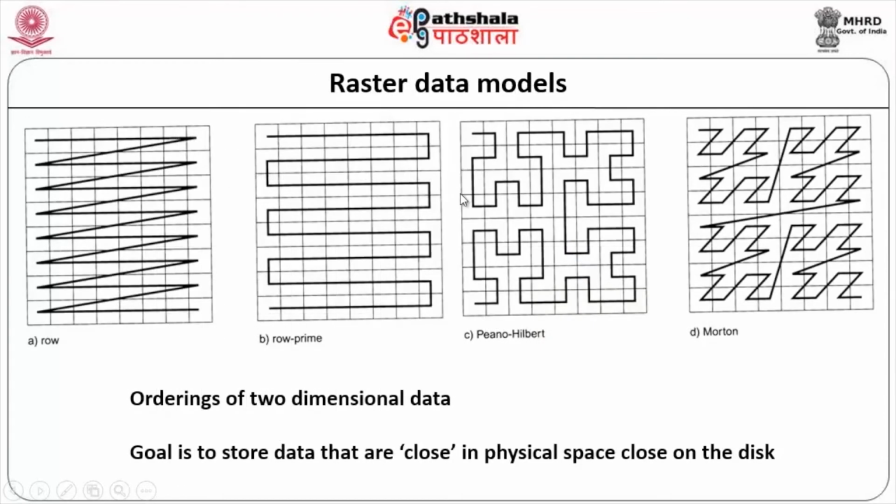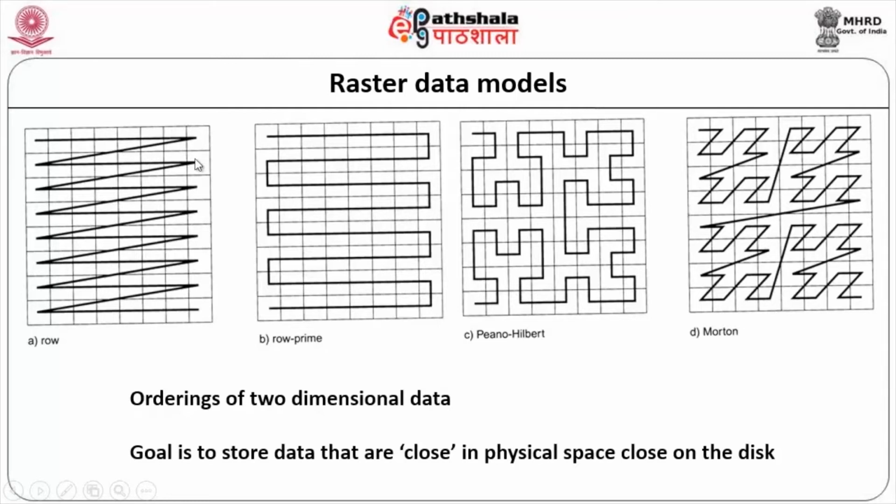There is another set of models which are not directly related, but still are very important in terms of coding. It could be based on your row, or it could be cells, like you can see that. This is a simple row model, starts from here, goes like this.